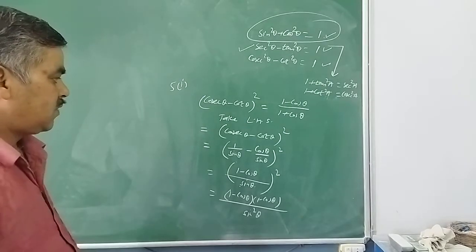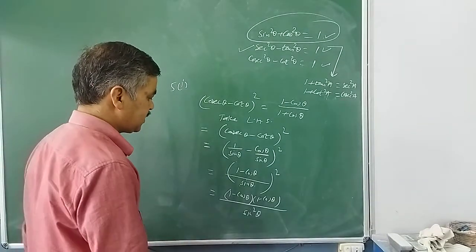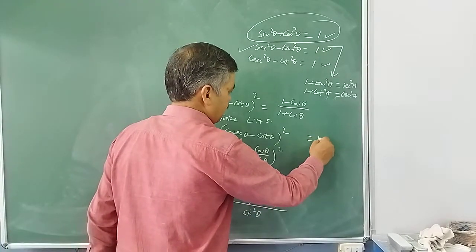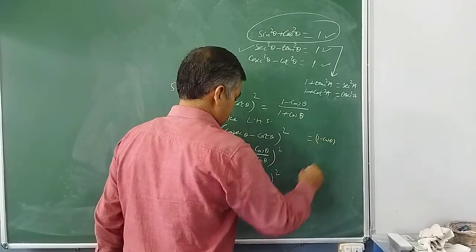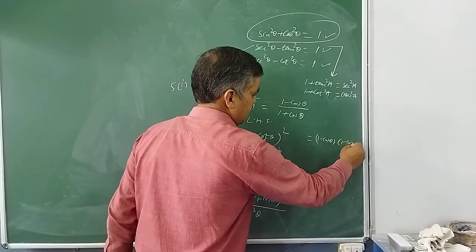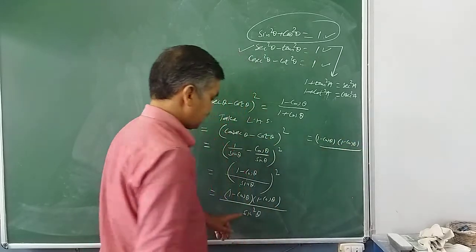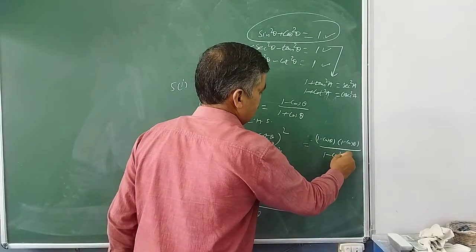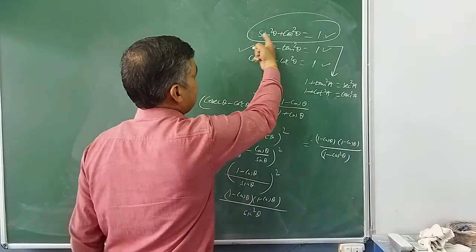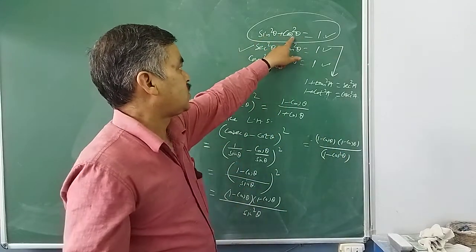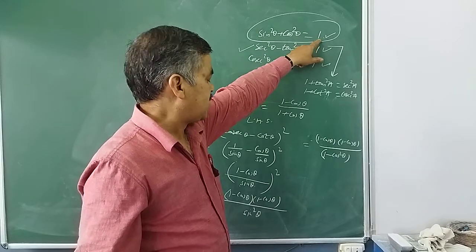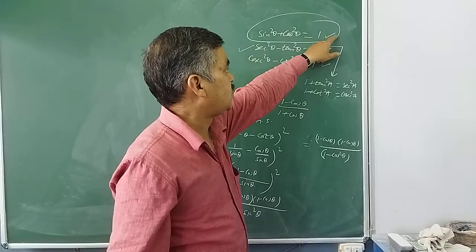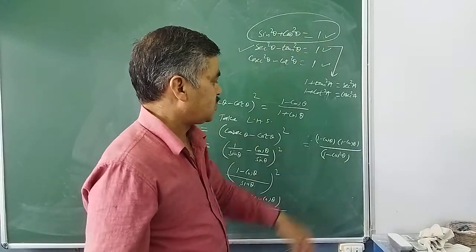Then if I proceed further with the left hand side only, this will be equal to 1 minus cos theta into 1 minus cos theta upon sin square theta, which I can write as 1 minus cos square theta, because sin square theta plus cos square theta is equal to 1. When I keep sin square theta on this side and shift cos square to the other side, it will become 1 minus cos square theta.